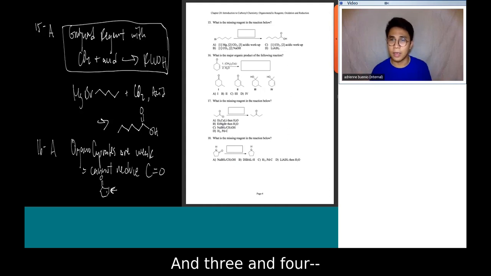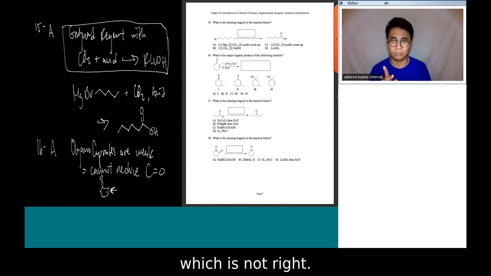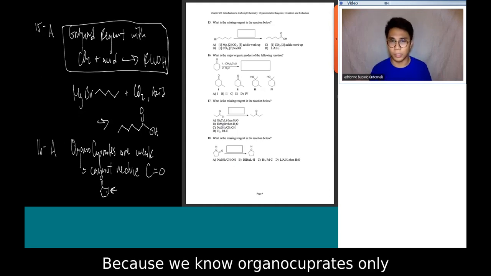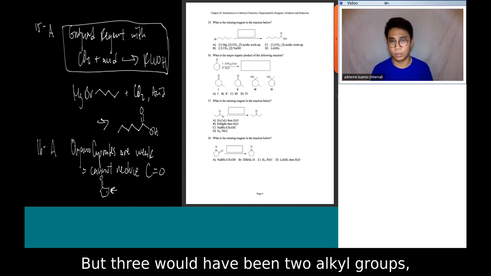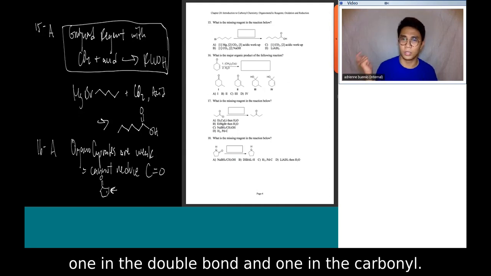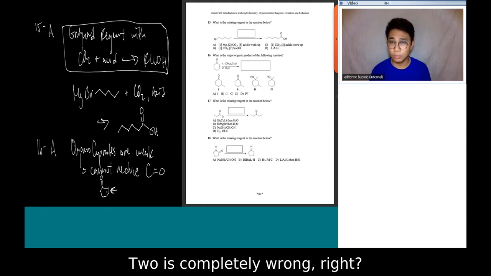So that's fine. And 3 and 4, well, actually, 3 underwent 2 reductions, right? Which is not right because we know organic cuprates only add one of their alkyl groups, but 3 would have been 2 alkyl groups, right? One in the double bond and one the carbonyl. 2 is completely wrong, right?